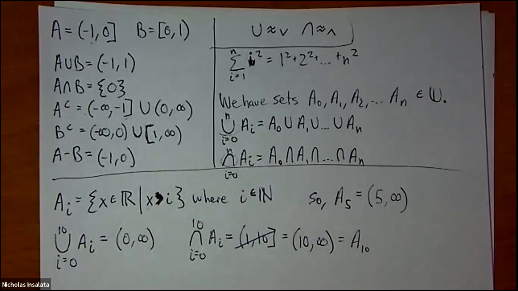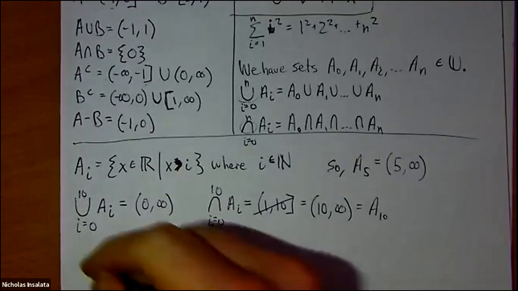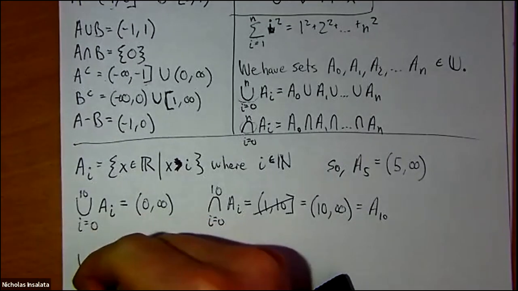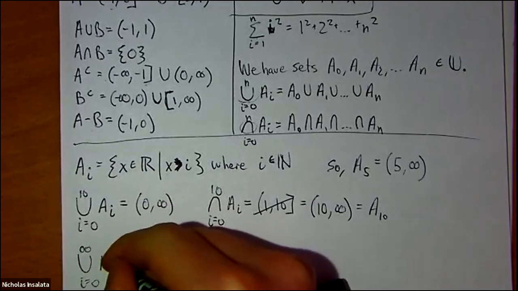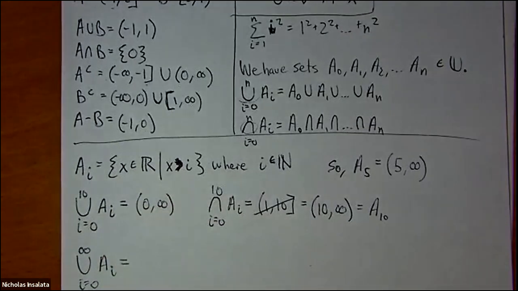Okay, so let me ask you something a little bit different. What if I had the union from i equals 0 to infinity of A sub i? What would that be?